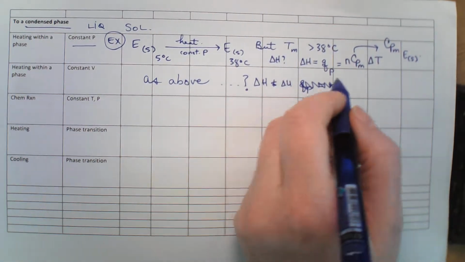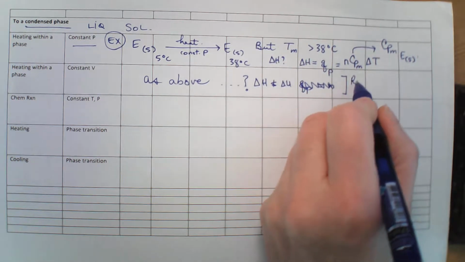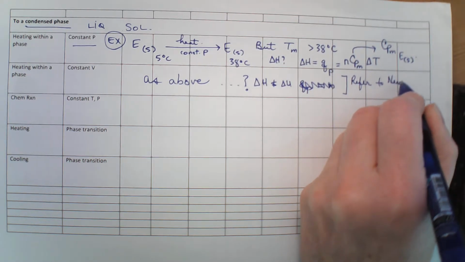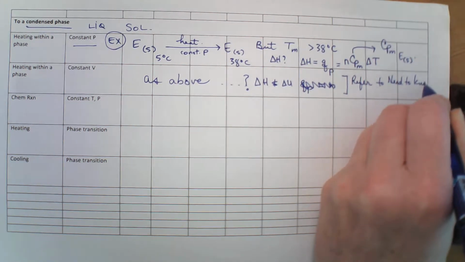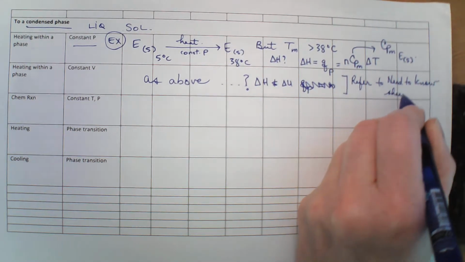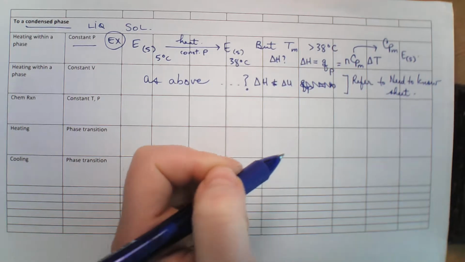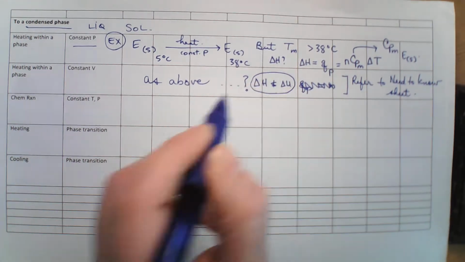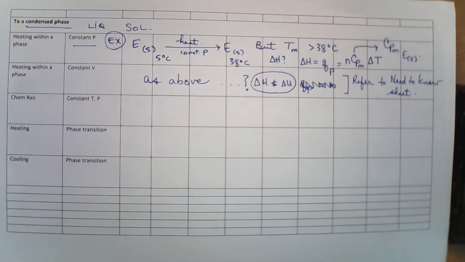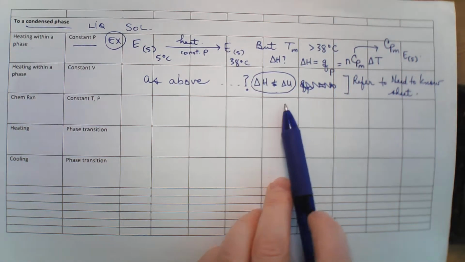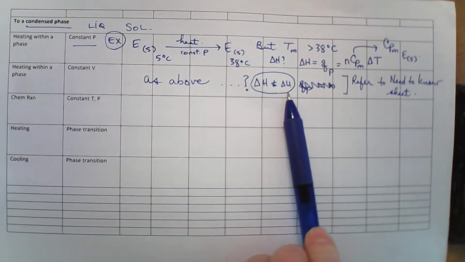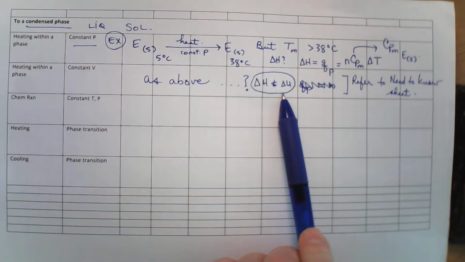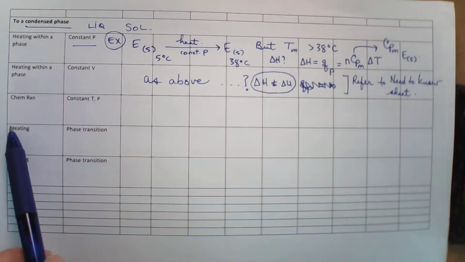And so for this one, refer to the need to know sheet. That's posted as a page separately here on Brightspace, and you will see the difference between delta H and delta U for a condensed phase. You'll need to know the densities at each temperature, and if the density is constant, then we'll take these as the same.